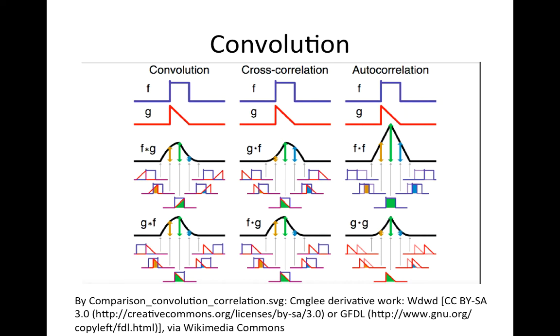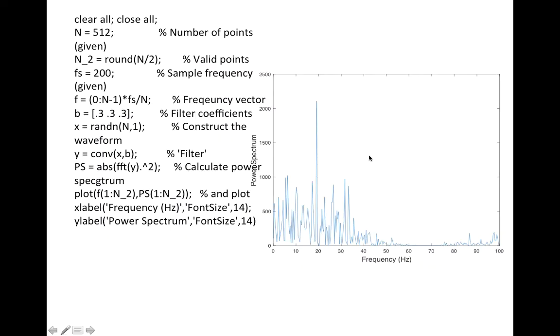Now, MATLAB in convolution basically will do this flip and slide thing. So here is the creation of this data set with sampling frequency. And then here's our 0.3, 0.3, 0.3 filter.